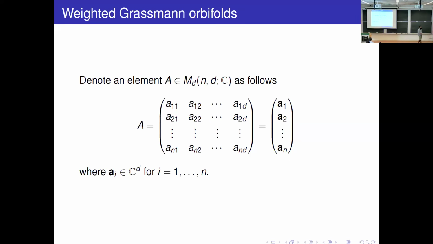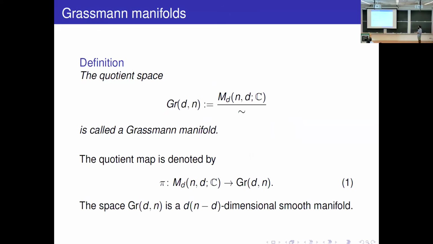Abe gave a talk in 2013 at the Osaka toric topology meeting. What they did: there is a nice embedding from this Grassmann manifold to some projective space, and they pull it back and define the weighted circle action on it. That is the weighted Grassmann orbifold.